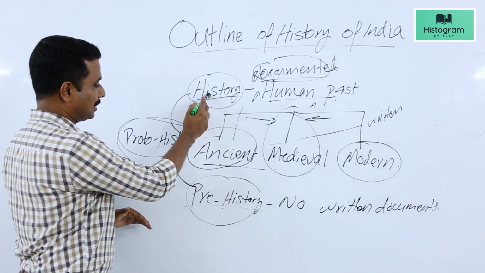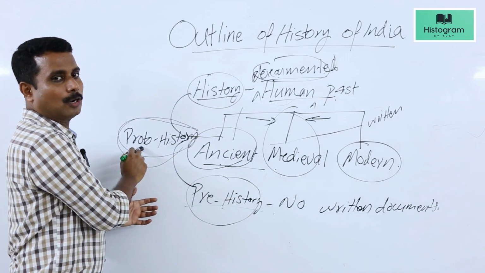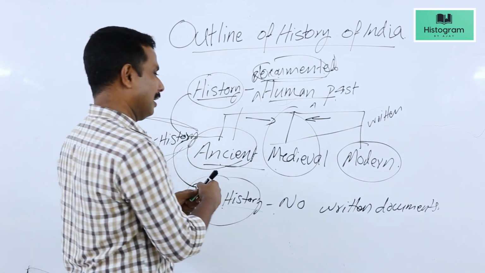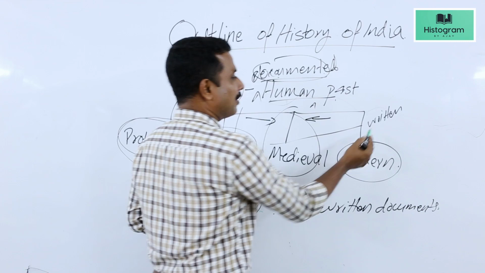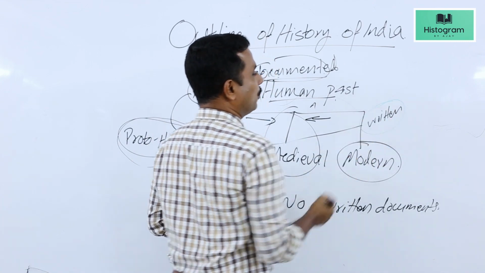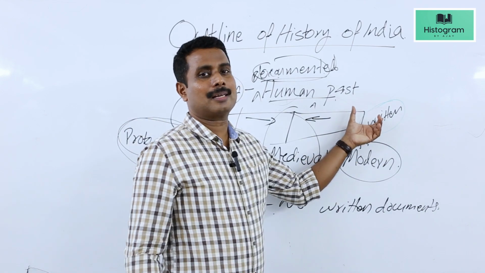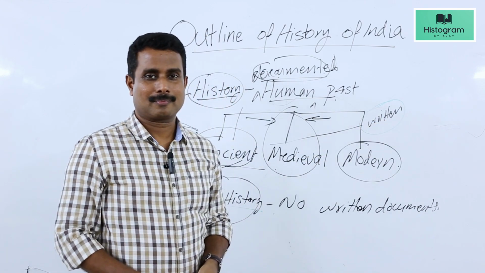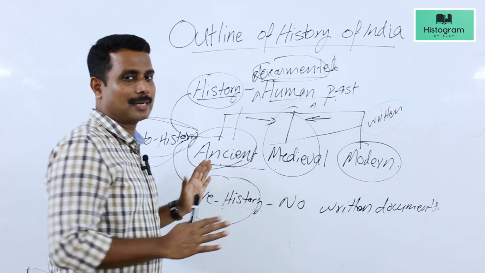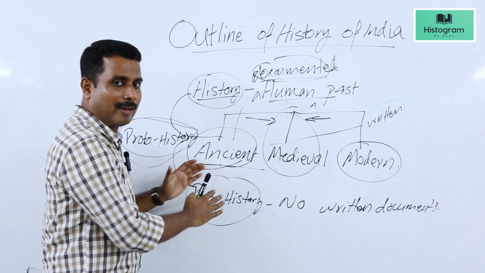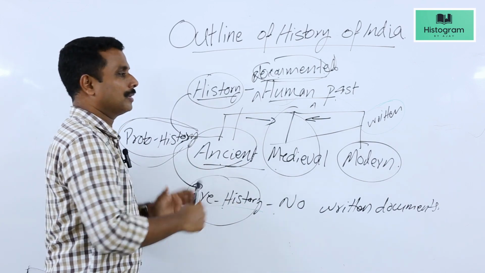In between history and prehistory, there is a stage called proto-history. That means a stage in human past where we have written evidences, but we could not read or understand those writings. I hope these six terms are very clear to you. These terms are very much essential when we go further in our discussion.